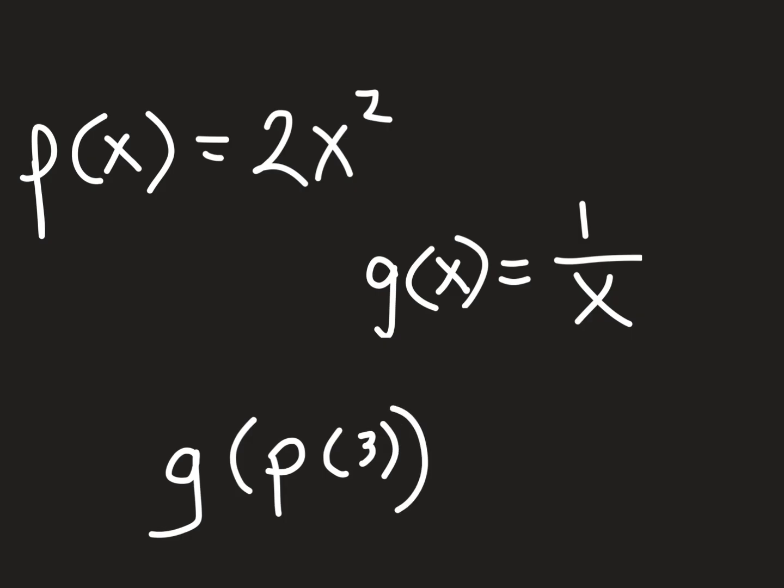And if you get confused, start with just p of 3. Just do one thing. Can you find and stick 3 into a function? I hope so. Stick 3 into the p function and see what you get.